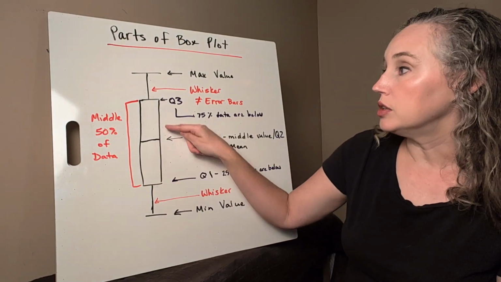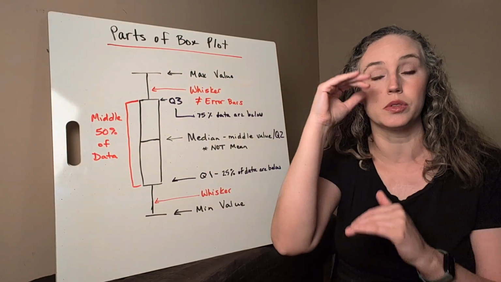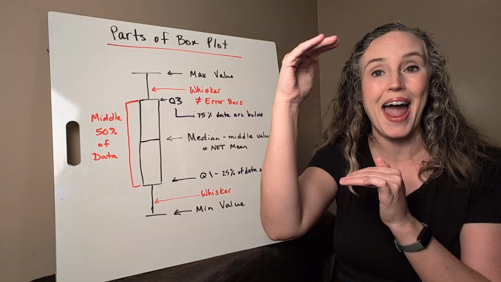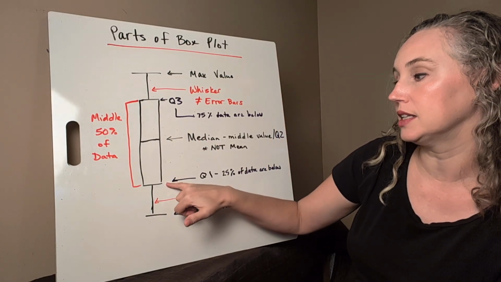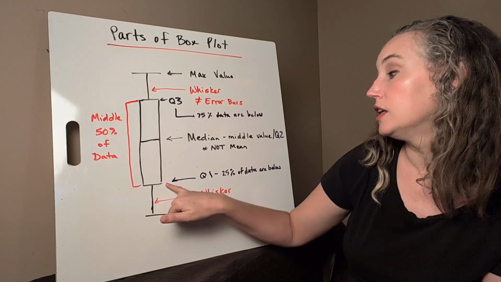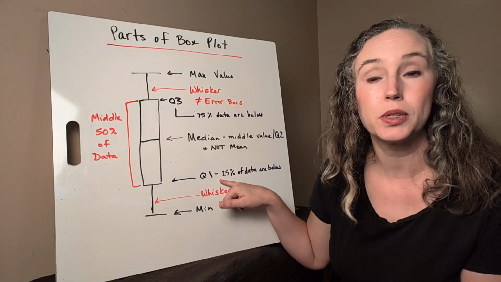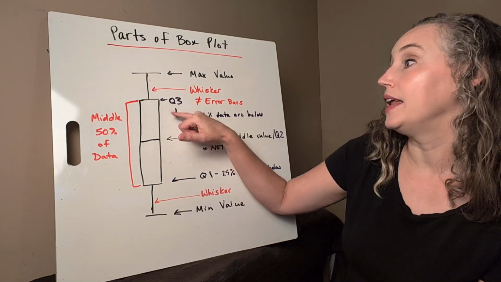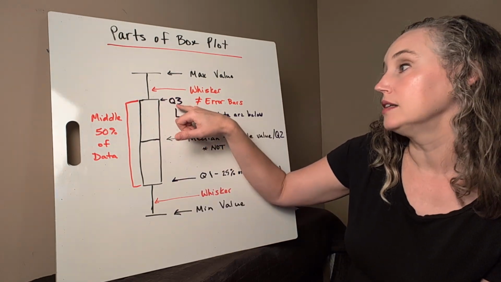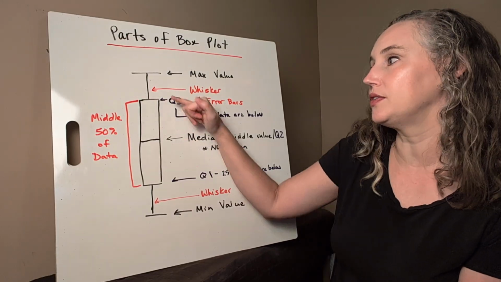The box shows the middle 50% of the data, so it's the range of the middle half of the data. We call the line below the median line, the bottom part of the box, Q1 or quartile 1. This means that 25% of the data are below this number. And then the top is Q3 or quartile 3, and that's kind of like your 75% mark.